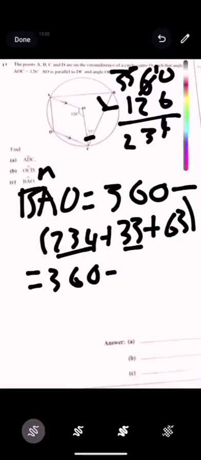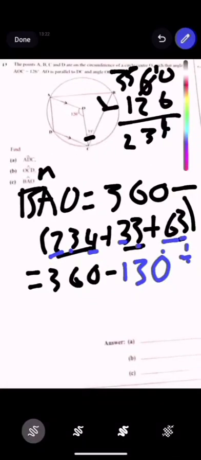We can add them: you're going to get 130. You can do them in whatever way you're comfortable with. 360 minus 130, it's going to be 30 degrees.